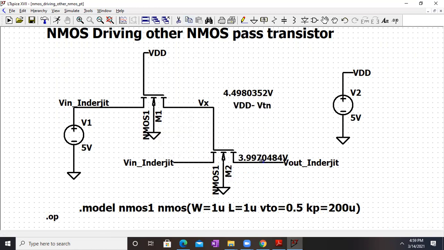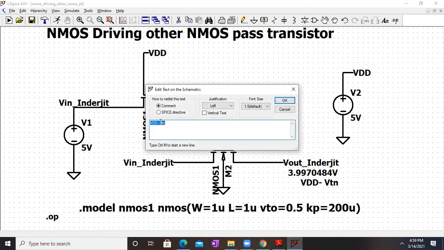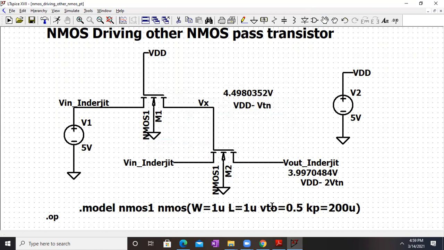And what is this value? Let me take it out a little and let me copy this statement. So what is the Vout value? It seems that it is VDD minus twice VTN. If you see carefully, the threshold voltage VT is 0.5.